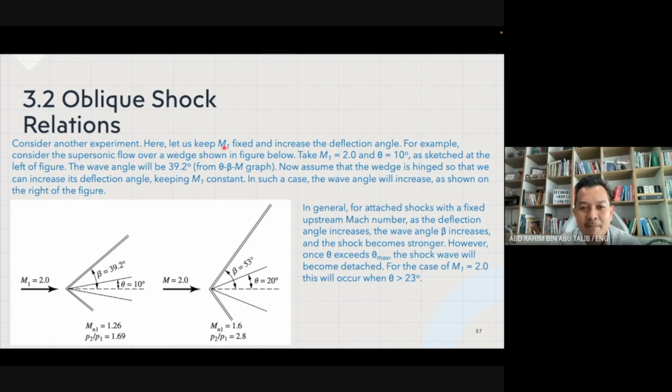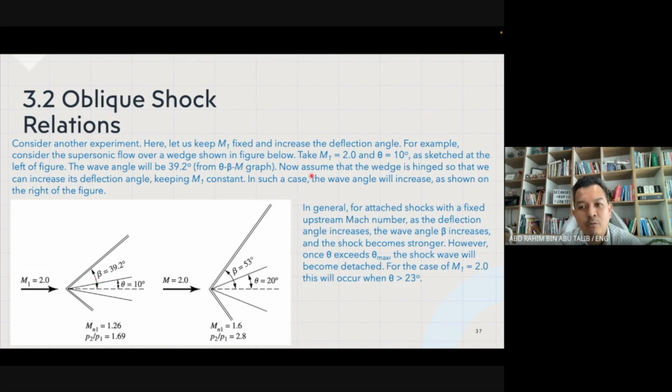Here, let us keep M1 fixed at 2, and increase the deflection angle from 10 degrees to 20 degrees. As shown here, take Mach number 1 equal to 2 and theta equal to 10 degrees. The wave angle is 39.2 degrees from the graph.